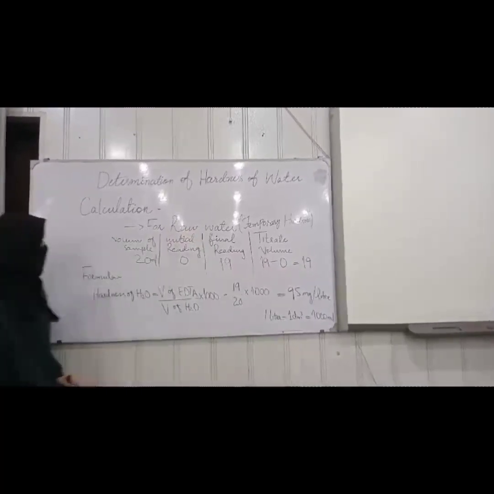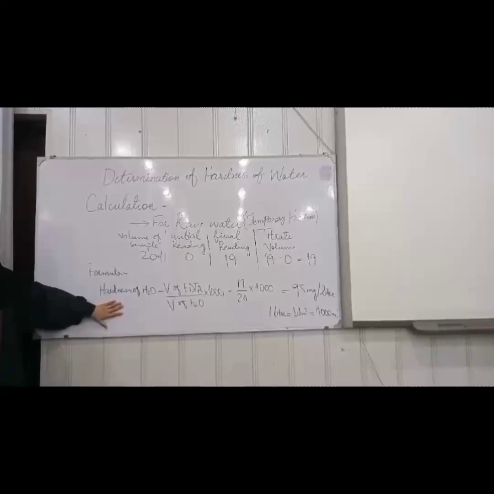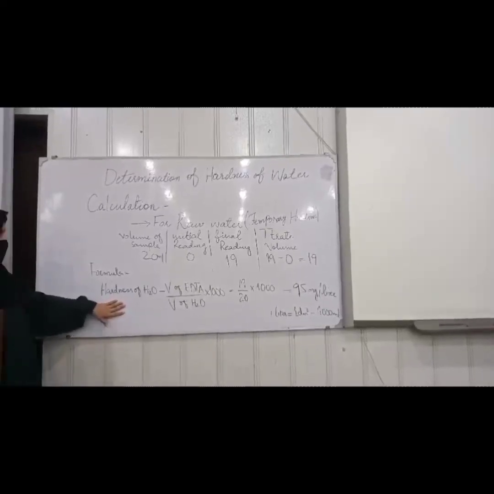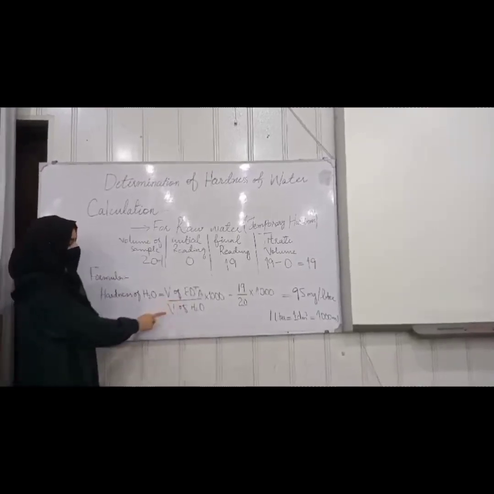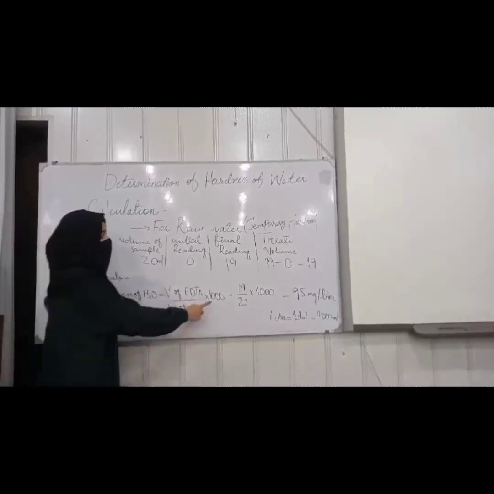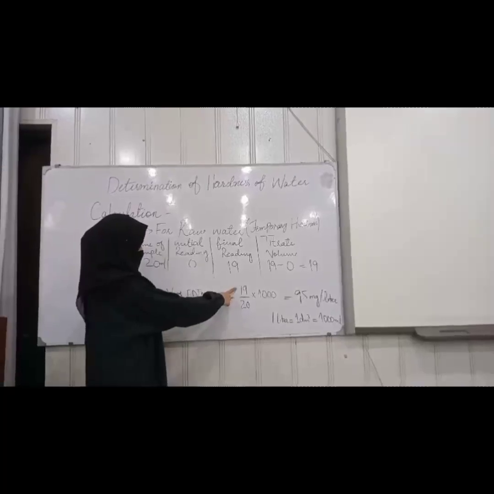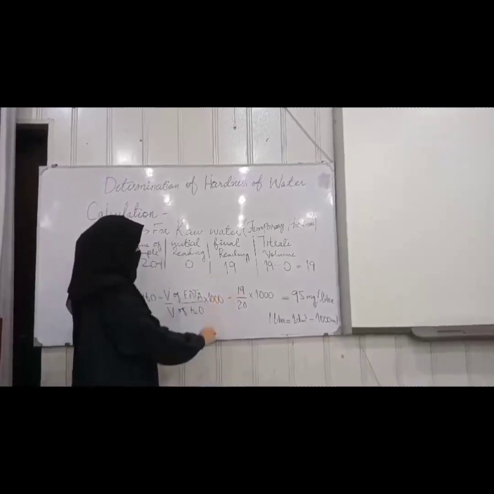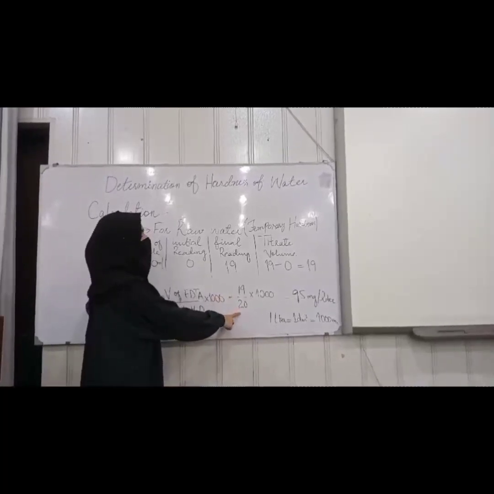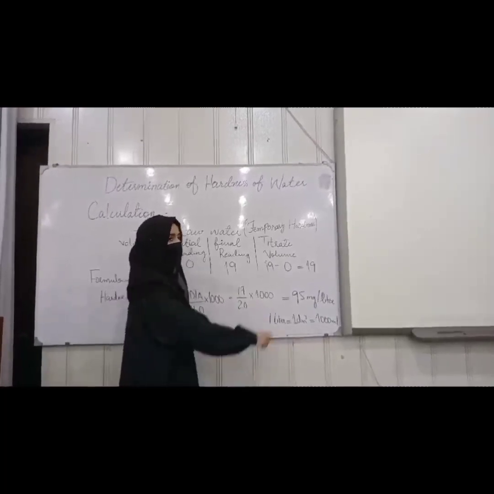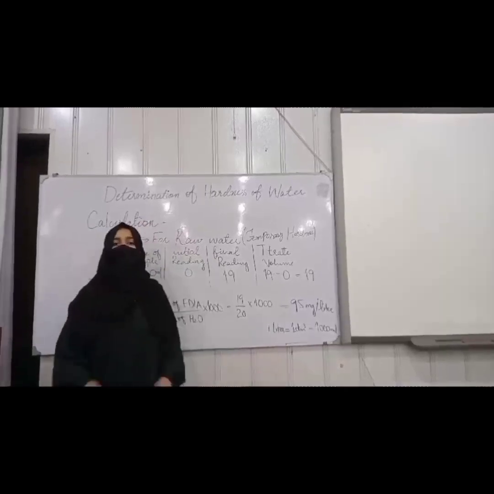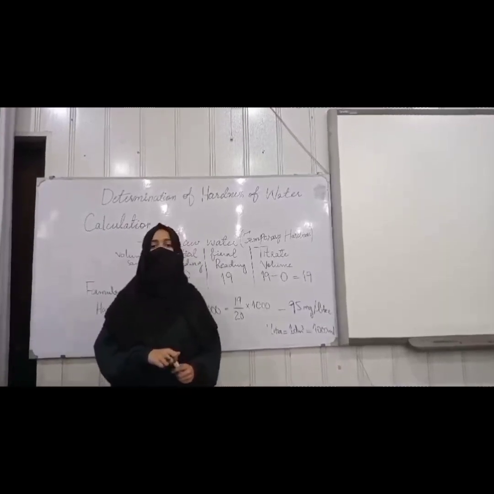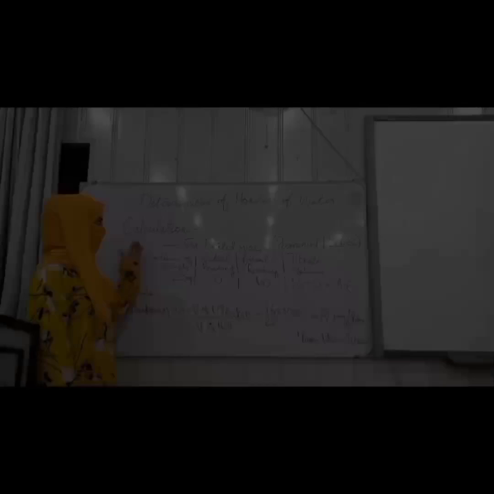The formula used for the determination of the hardness of water is: hardness of water is equal to volume of EDTA divided by volume of water multiplied by 1000, which is 19 over 20 multiplied by 1000. The answer is 95 milligram per liter. 1 liter is equal to 1 decimeter cube, and 1 decimeter cube is equal to 1000 ml.